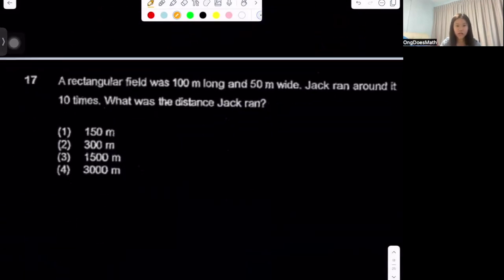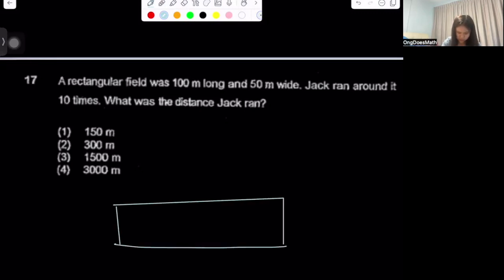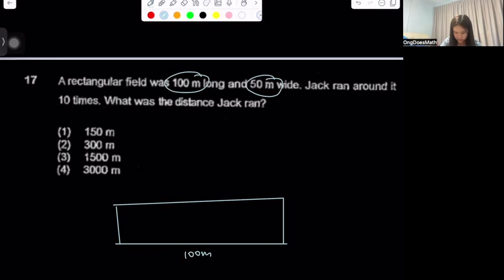Next. A rectangular field was 100 meter long and 50 meter wide. Jack ran around it 10 times. What was the distance Jack ran? So you have a rectangular field. They tell you the length is 100 meter. The width is 50 meter. Which means here also 100, here 50.